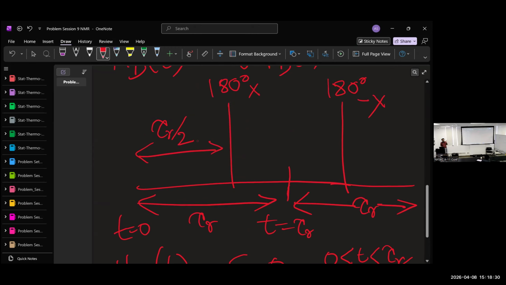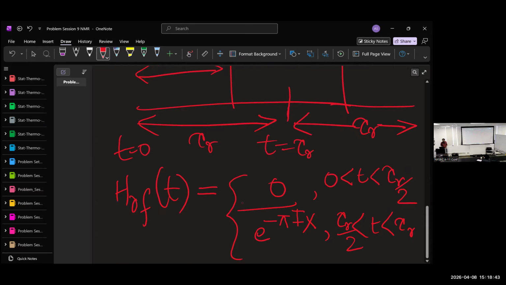Before you have this 180-degree pulse, all your Hamiltonians are just by themselves. You haven't done anything. That makes the RF Hamiltonian 0. But when the 180-degree pulse hits, you've rotated all your Hamiltonians by 180 around x, with the 180 x pulse.